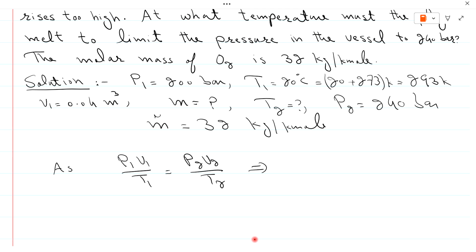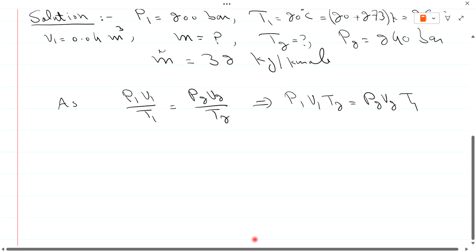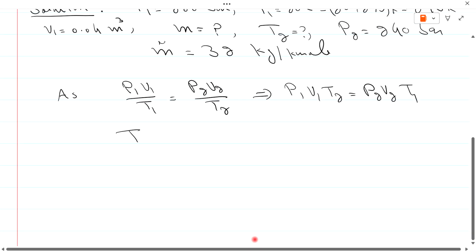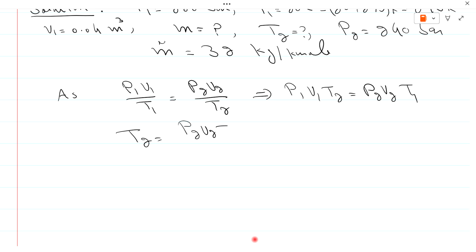Cross multiplying, P1 V1 T2 is equal to P2 V2 T1. This implies that T2 is equal to P2 V2 T1 divided by P1 V1. The value of P2 is 240 bar.